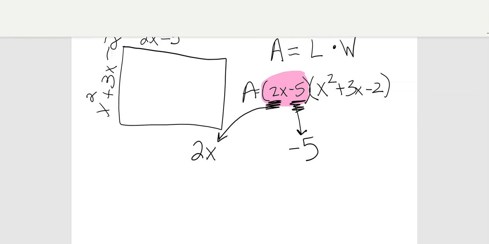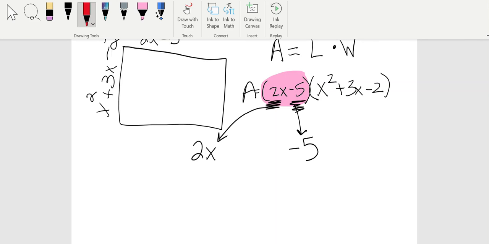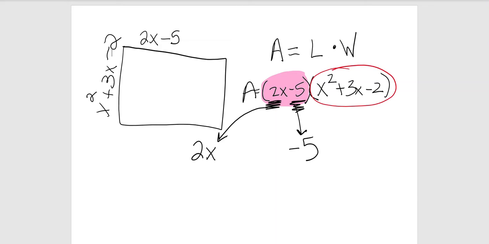I need to multiply both of those terms by everything in the second parentheses. No matter how many terms are there, I need to multiply 2x by all of that. So 2x times x squared plus 3x minus 2. And I need to multiply the negative 5 times all of that.